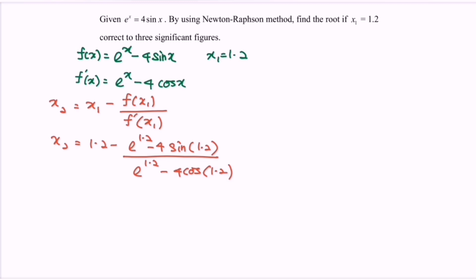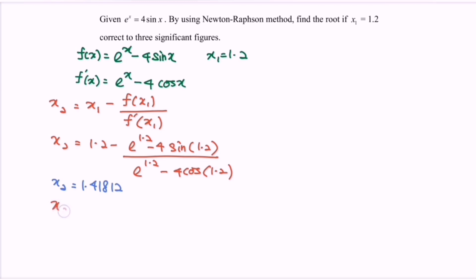Kindly take note, make sure your calculator is in radian mode. Refer to the calculator and we will have the answer x2 which is equal to 1.41812.